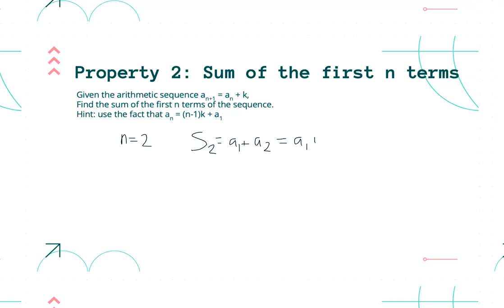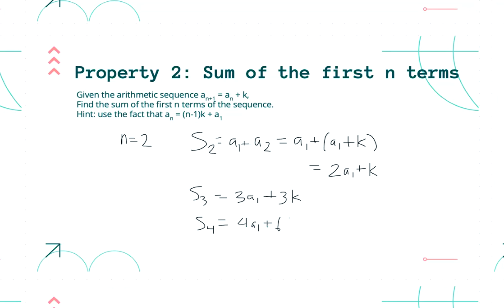So A2 actually equals A1 plus K. What that gives us is 2A1 plus K. And then if we were to do this with S3, we would get 3A1 plus 3K. And then S4 would be equal to 4A1 plus 6K.